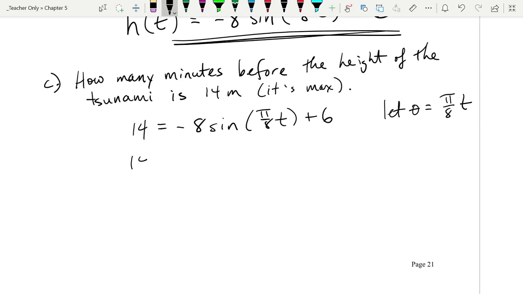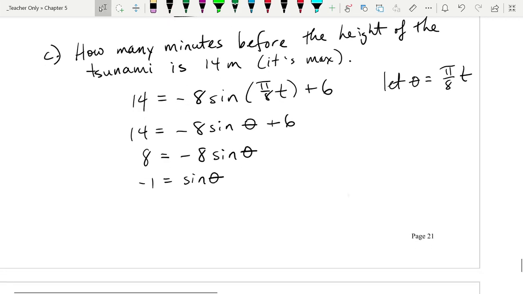So I'm now solving an easier looking equation. I'm going to minus 6 from both sides. I'm going to divide both sides by negative 8. And then I'm going to ask myself, say self, when is the sine of theta negative 1?